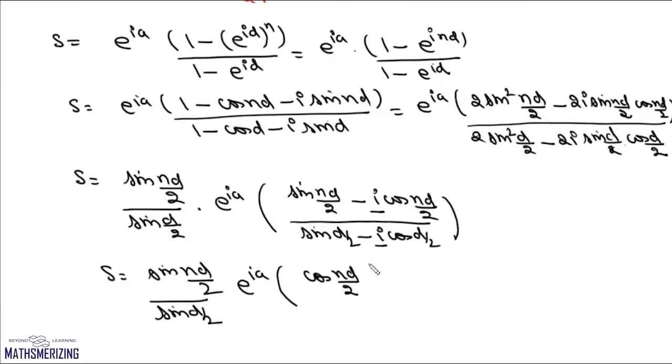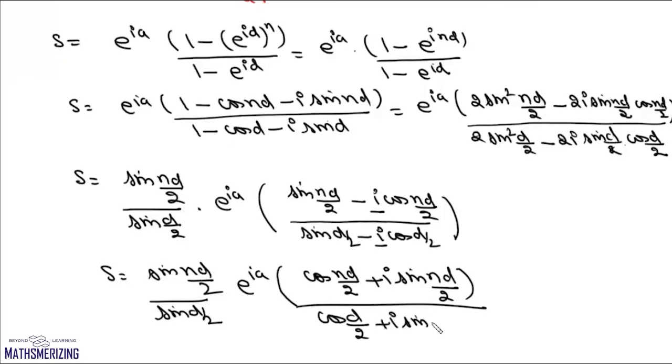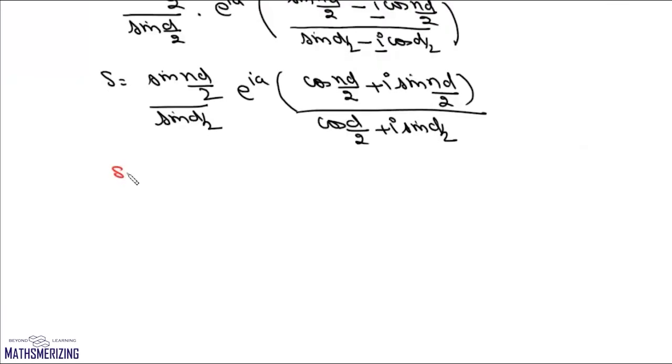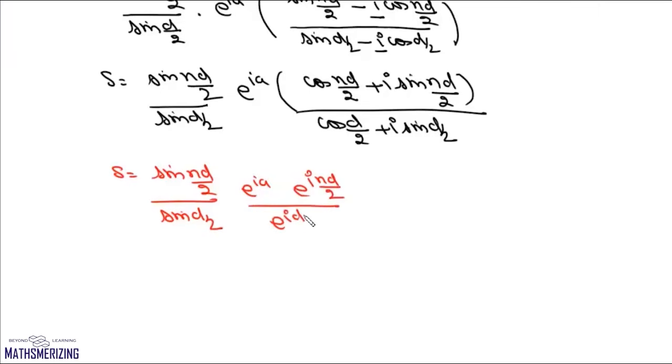If we'll take iota cube common, we'll get this as plus iota sine n d by 2. And in the denominator, we'll have cos d by 2 plus iota sine d by 2, which is nothing but sine n d by 2 upon sine d by 2 e to the power iota a, and this is e to the power iota n d by 2 upon e to the power iota d by 2.